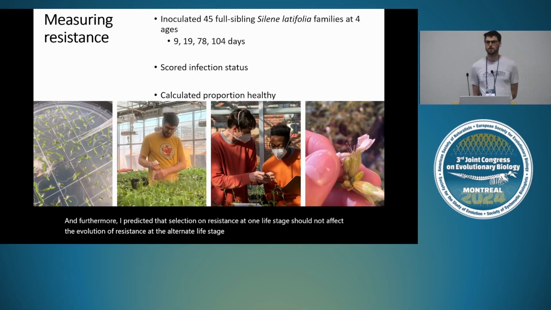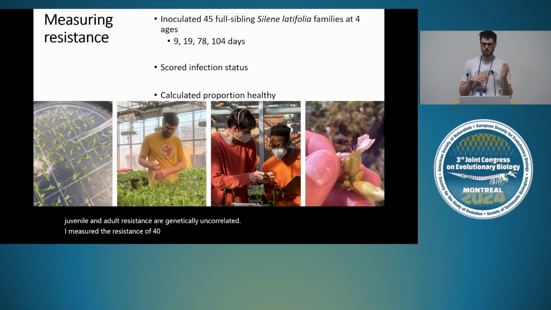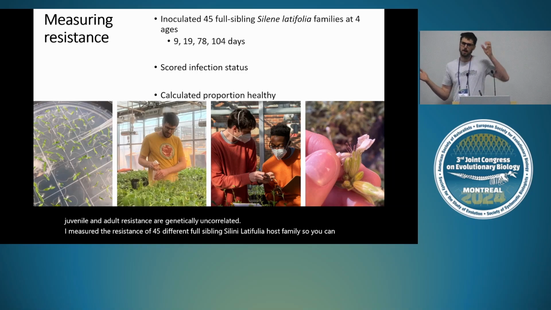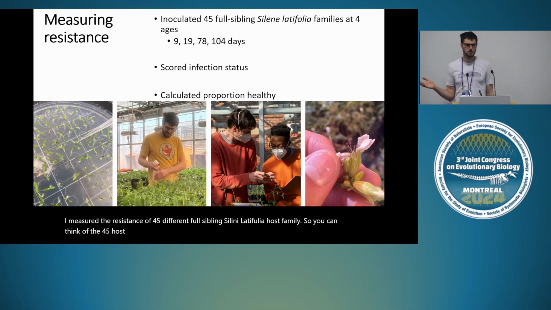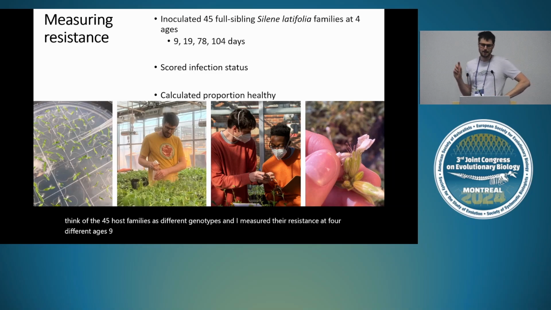To test my first prediction, I measured the resistance of 45 different full-sibling Silene latifolia host families. You can think of the 45 host families as different genotypes, and I measured their resistance at 4 different ages: 9 days, 19 days, 78 days, and 104 days.